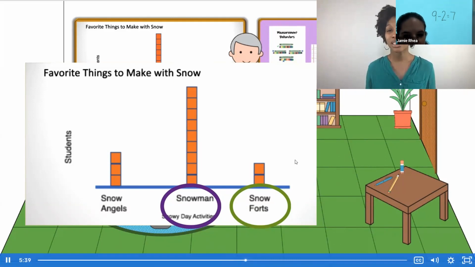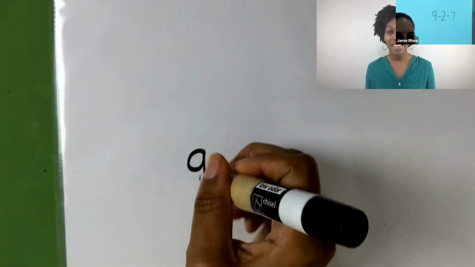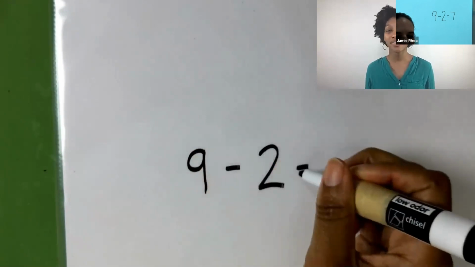What's a number sentence that we can use to solve this problem? Go ahead and write it on your personal whiteboards. Show me your whiteboards. That's right. 9 minus 2 equals 7.